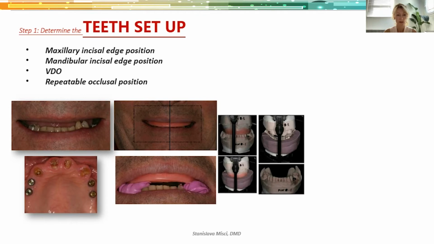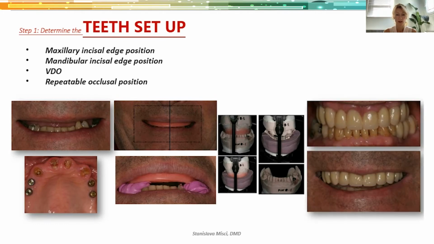Then we will remove the record base with the wax rim and ask the lab to fabricate provisional crowns to that level on that cast, directly over the remaining roots and implants. So now we have the provisional bridge on the upper, and that is at the position that we want. The incisal edges are where we want them, and it is in a stable occlusal position. This gives us a lot of information now.